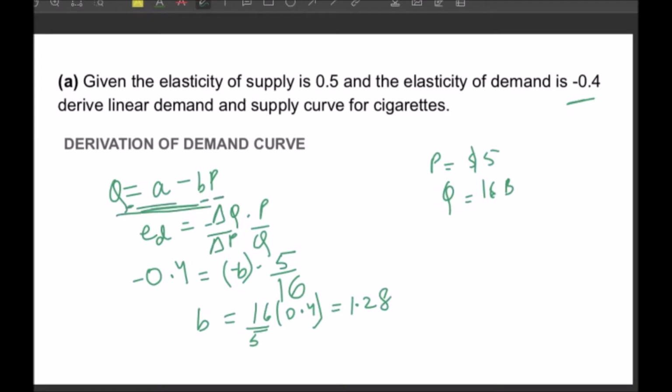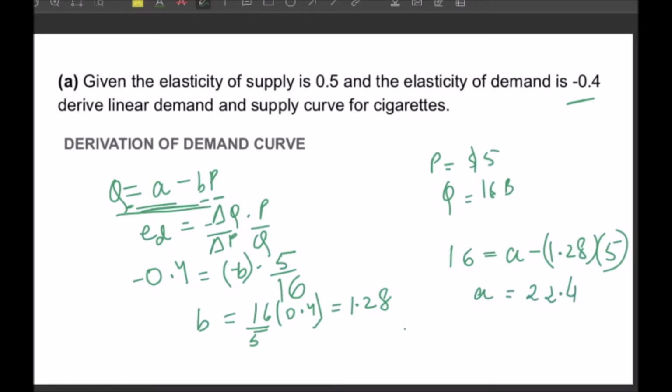Now let's substitute the value of Q, B and P in the above equation and let's find the value for A. Q is 16 is equal to A minus B, we found out 1.28, and price is 5. So we get the value of A is equal to 22.4.